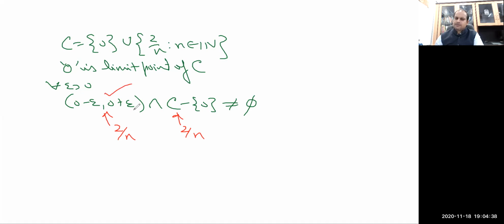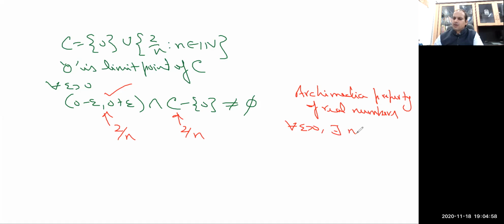So to claim this, just take help from the Archimedean property of real numbers. That for every epsilon greater than 0, there exists n naught belonging to the set of natural numbers such that 1 by n is less than epsilon for every n greater than or equal to n naught.